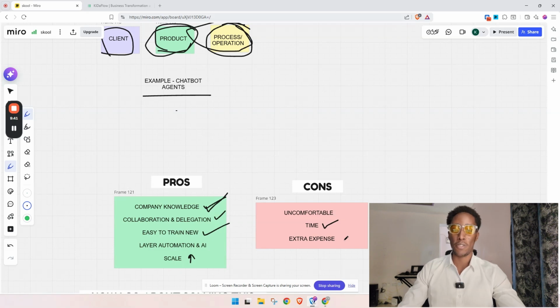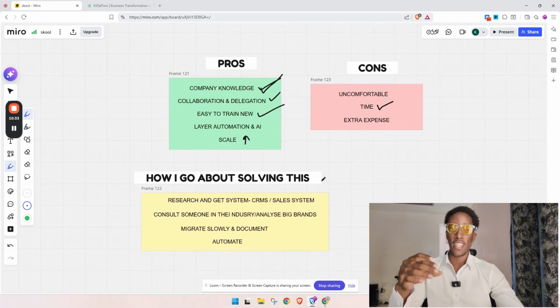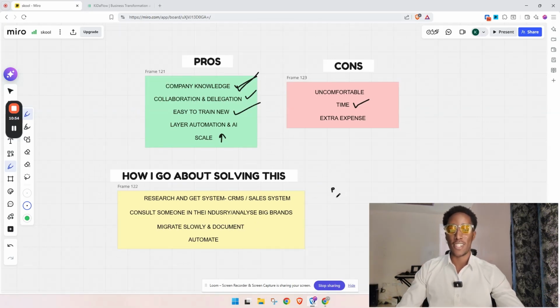How I've gone about solving this problem is we always research and get a system for them. Previously we had a personal injury law firm that we were working with, and the problem was that they didn't have a system for putting all their cases in one place. This is very common with service-based industries, and we also had one for accounting.